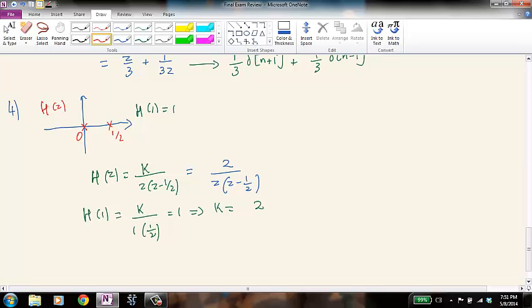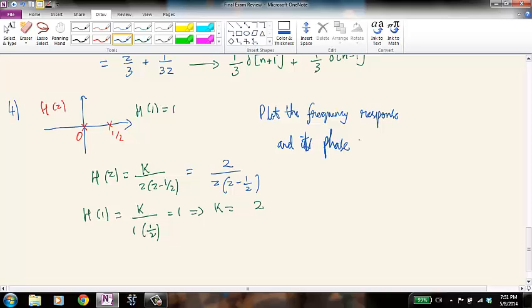And now, let's say you've been asked to plot the frequency response, the magnitude and its phase. So what does it mean when I say frequency response?